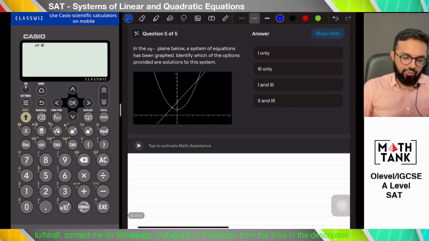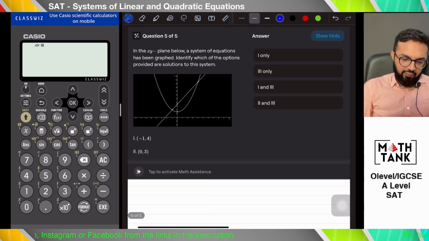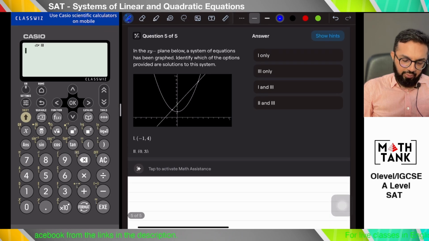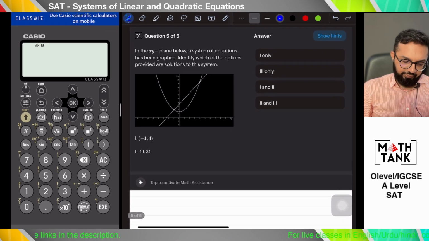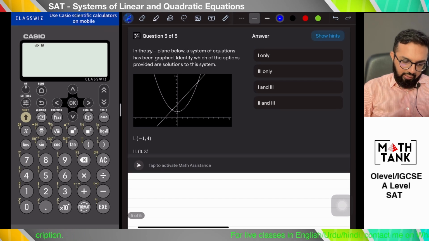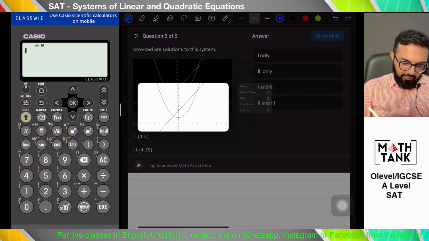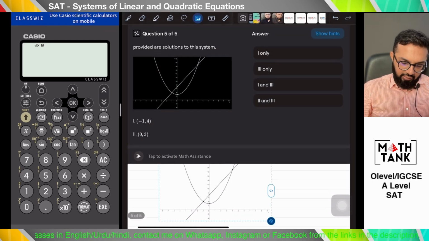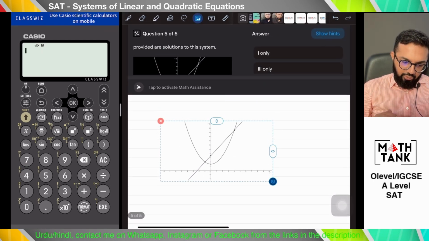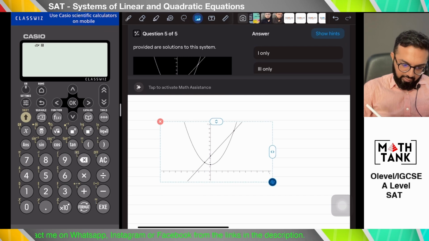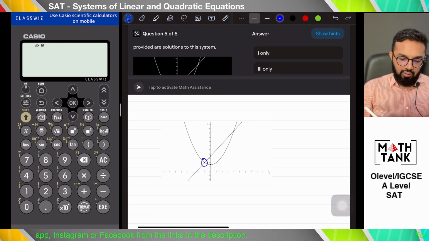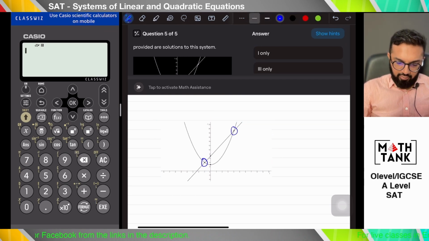Moving on to the next question. It says in the xy plane, below a system of equations, identify which of the following solutions are provided to the system. Yeah, I can't see the numbers. The solutions should be this point and this point.